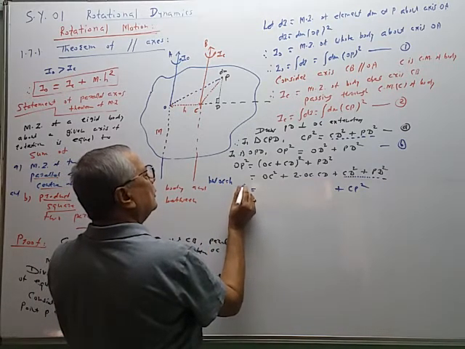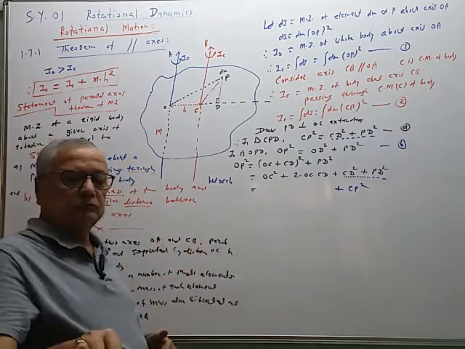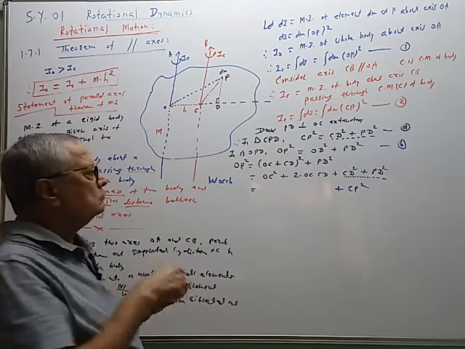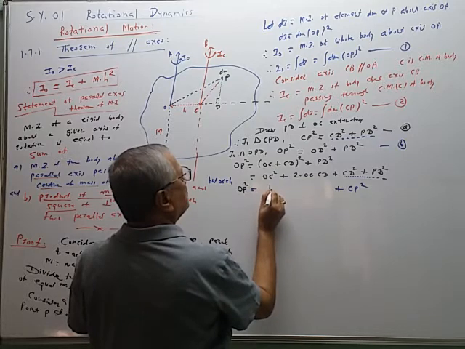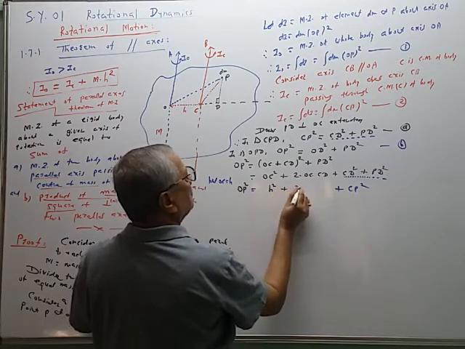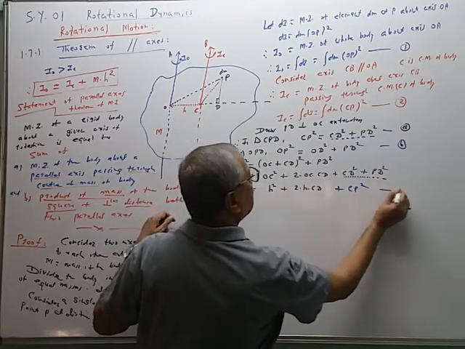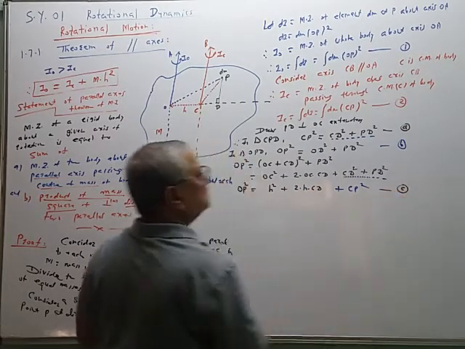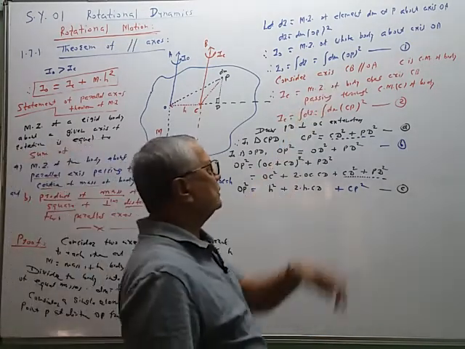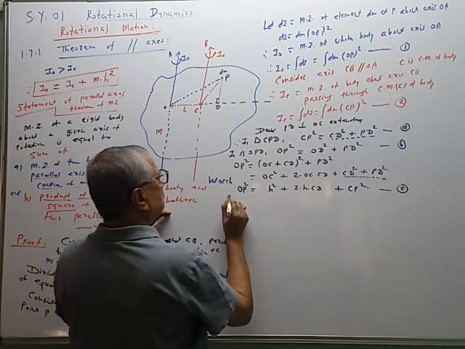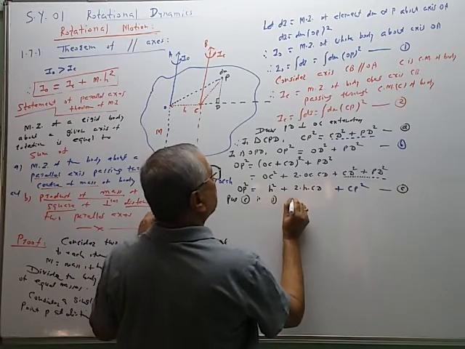Therefore, OP square is equal to h square plus 2 into h into CD plus CP square. So this is equation C. Put equation C in equation 1.